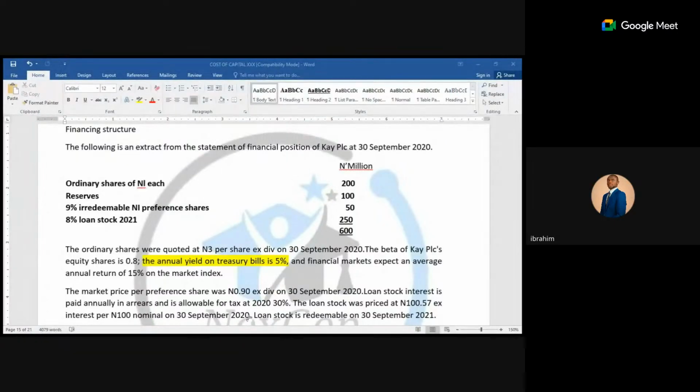And the risk-free is the treasury bill, or government bond, because the assumption is that in the calculation of CAPM, you have risk-free assets.